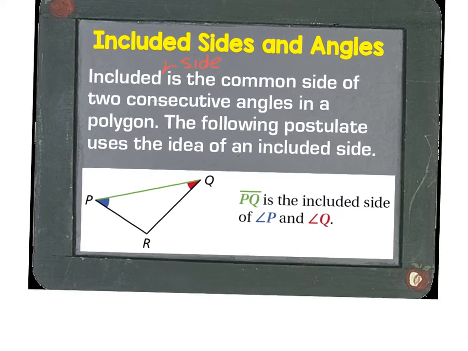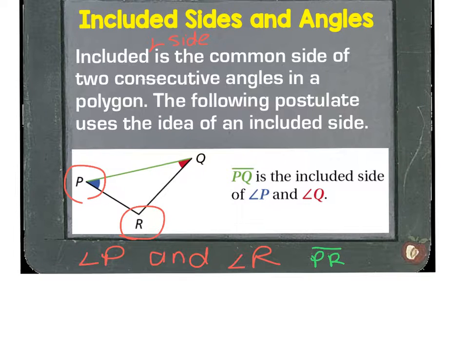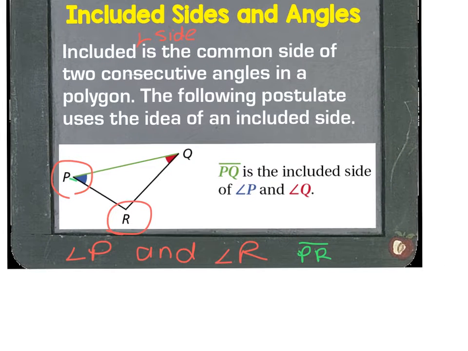So what if I asked you what the included side was of angle P and angle R? Angle P and angle R. PR. It's actually made up of the letters of those angles, but it's the segment that connects those 2 angles, which would be PR.